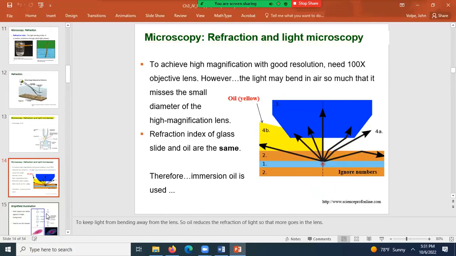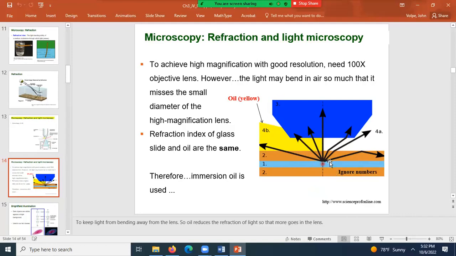One reason for using oil with the oil immersion lens is that when the light leaves the glass and then enters the oil, oil has the same refractive index as glass, so the light does not refract, meaning it does not bend.